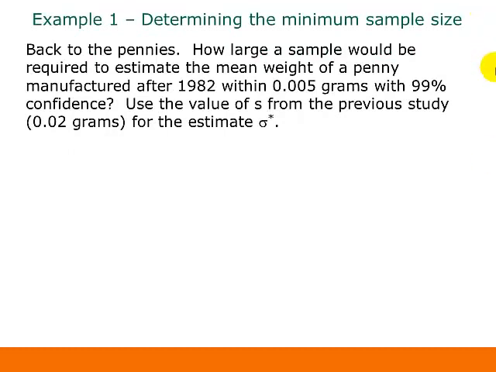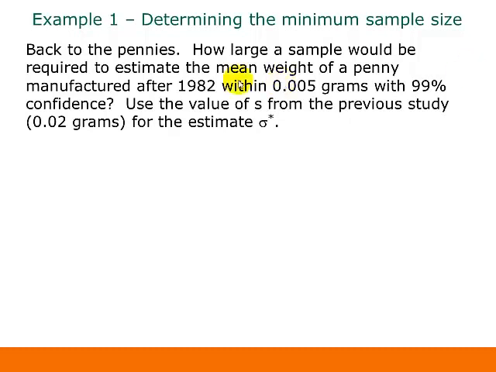Okay, let's do an example of this. So back to the pennies. How large a sample would be required to estimate the mean weight of a penny manufactured after 1982 within 0.005 grams with 99% confidence?